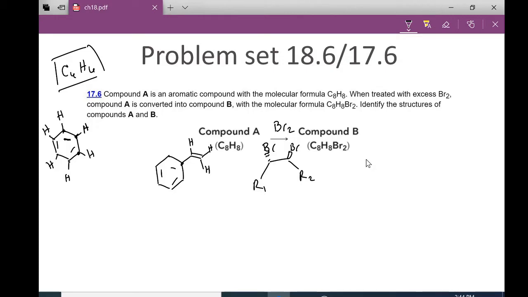It's just an isomer of benzene. So this compound is C8H8, and if we add bromine across it, what do we get? We get bromine and bromine. Okay, so that is the product. This is compound A, this is compound B.